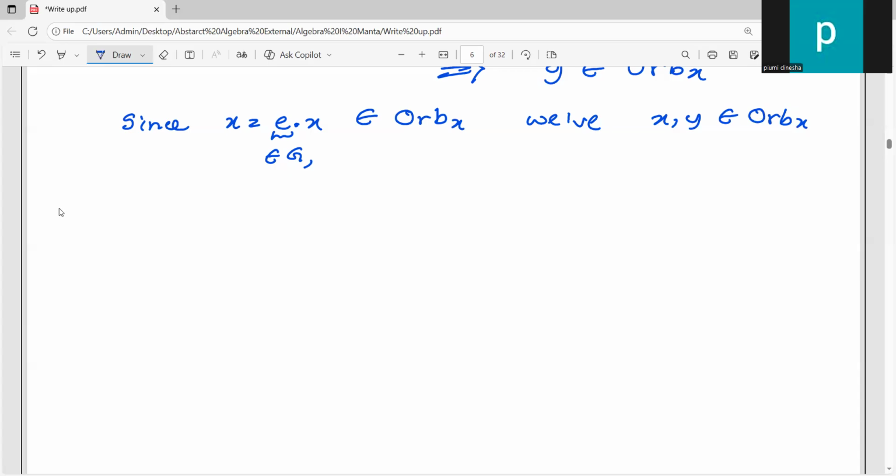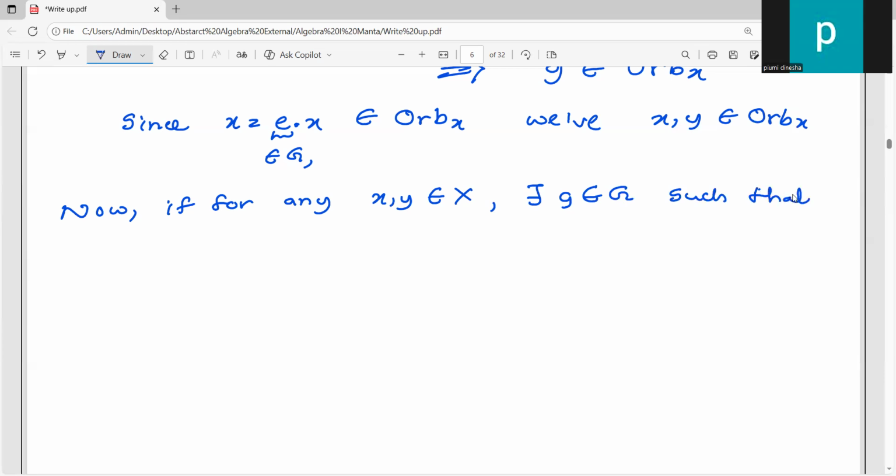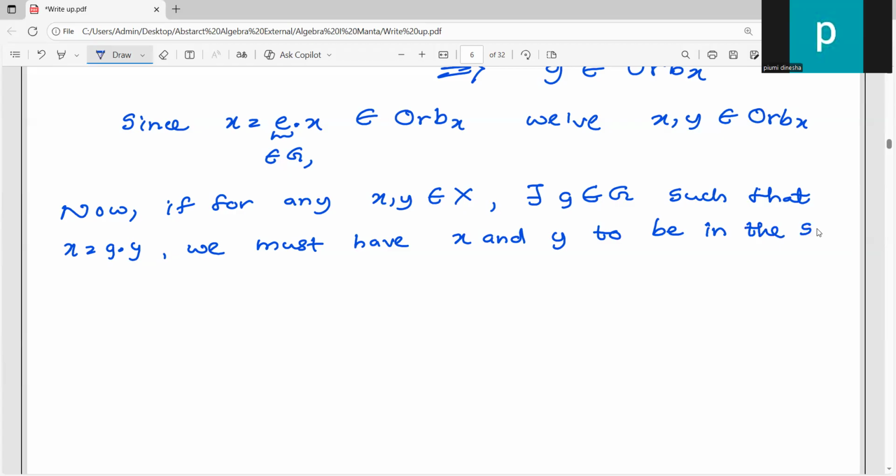So we can simply argue and write now: if for any x, y in X, there exists some g in G such that x is equal to g dot y, we must have x and y in the same orbit.